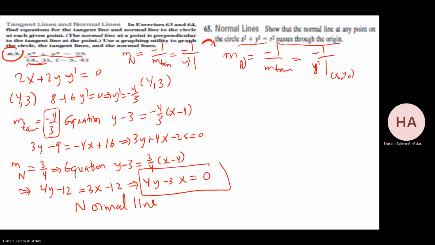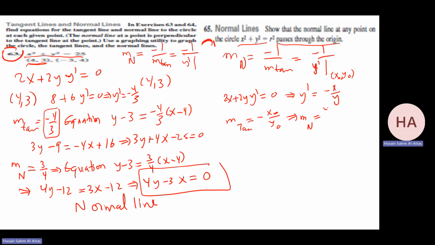To find the slope, I have 2x plus 2y y prime equals 0, so y prime equals minus x over y. At this point, the slope of the tangent is minus x0 over y0, and the slope of the normal is y0 over x0.